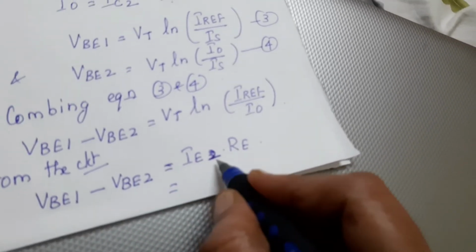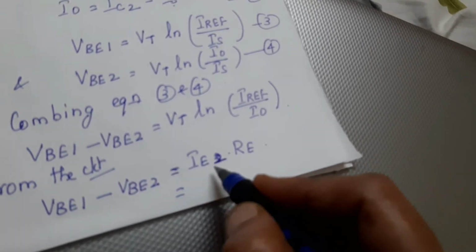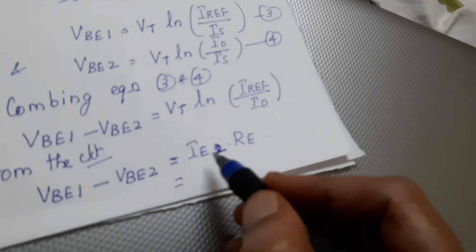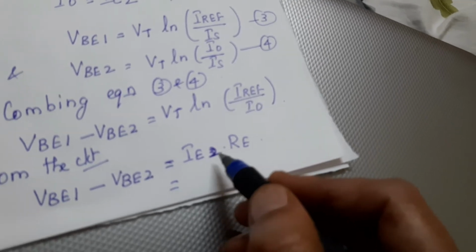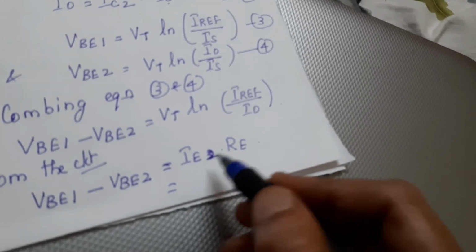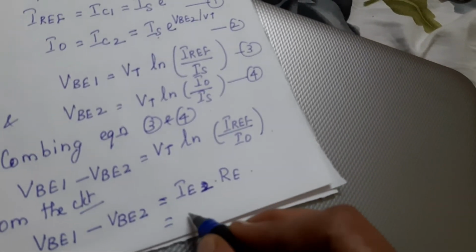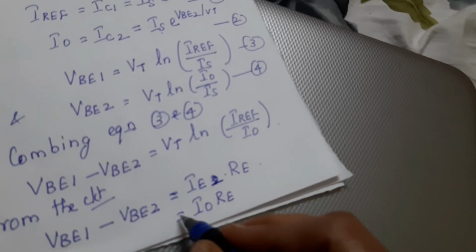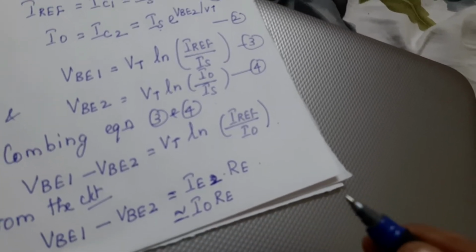IE2 is nothing but IC2, as we know the standard relation IE is approximately equal to IC. So IE2 is approximately equal to IC2, which is the output current. Therefore, I can write I0 into RE.